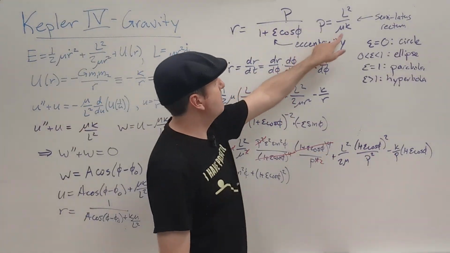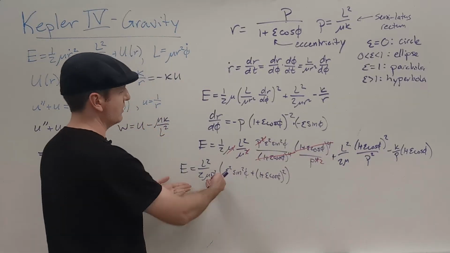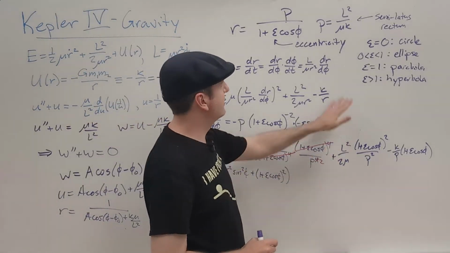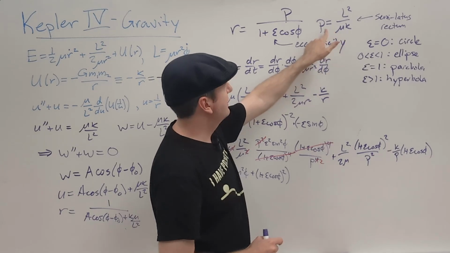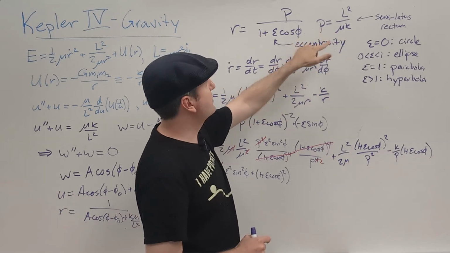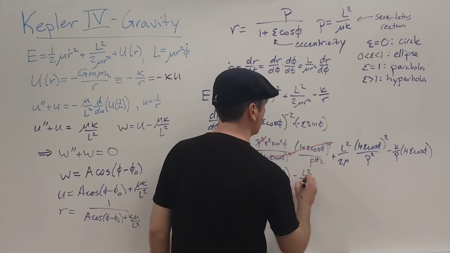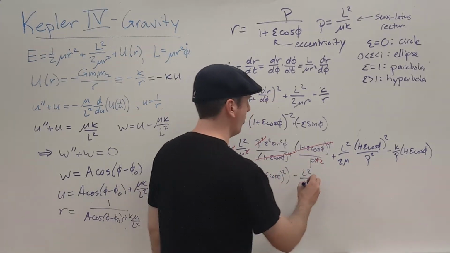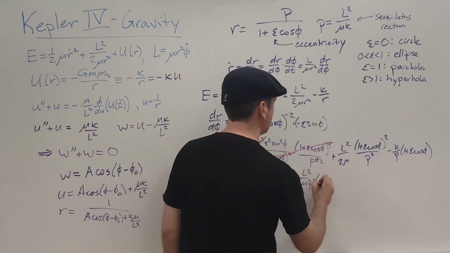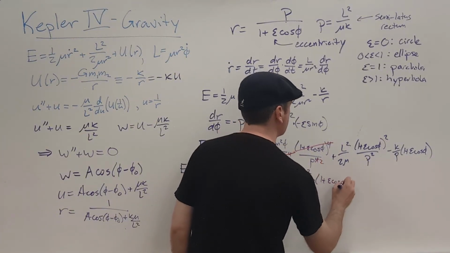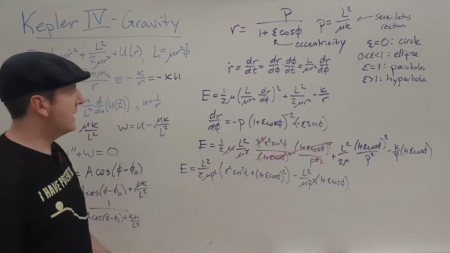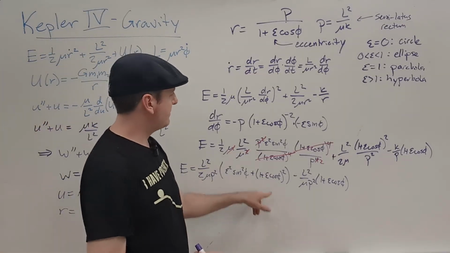Notice that kappa didn't show up anywhere over here, so let's just write everything in terms of the others. Kappa is what? L squared over mu p. So this is going to be L squared over 1, not 2, but 1 mu p squared times 1 plus epsilon cosine phi. And hopefully now you can see what's about to happen.